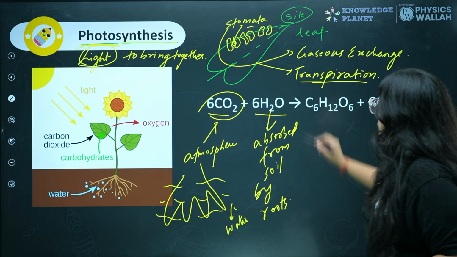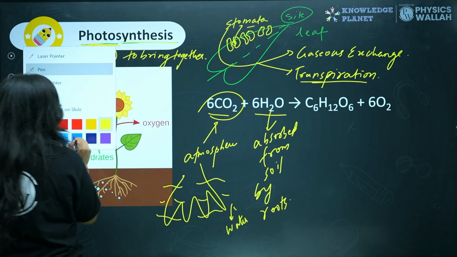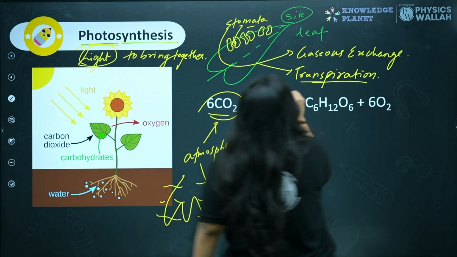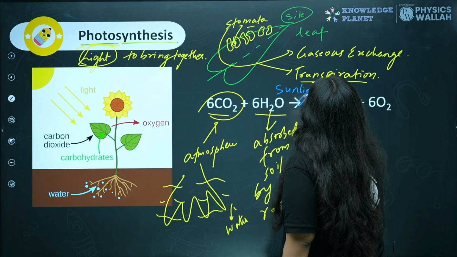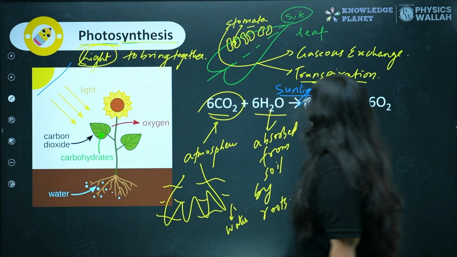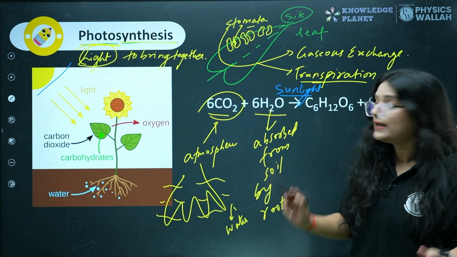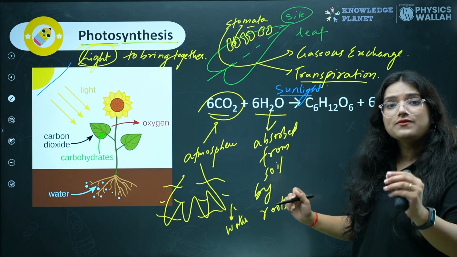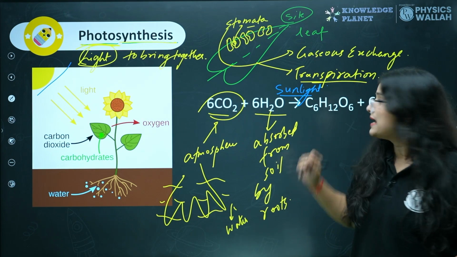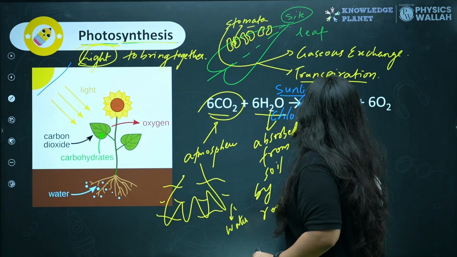So here all this process takes place in the presence of sunlight. Of course there is a source, that is the sun. So in the presence of sunlight with a special pigment, as we have talked about, that special pigment gives green color to the plants, and that is going to be your chlorophyll.